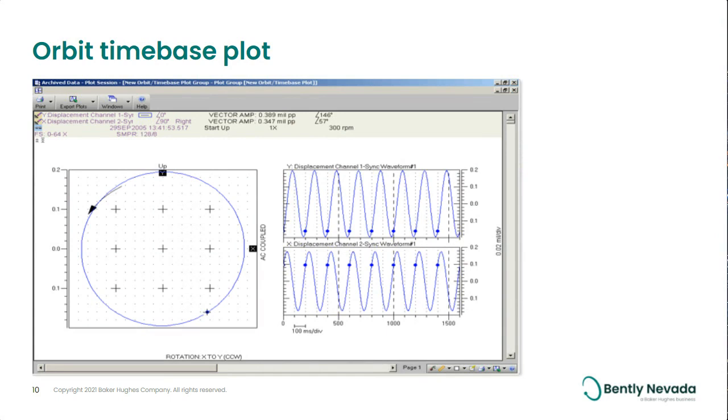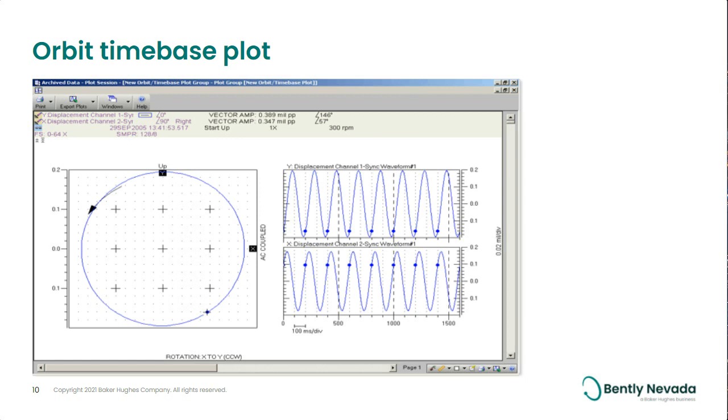I love to describe an orbit as basically if you put a pencil lead in the center of the shaft and you held a piece of paper up to it, that is what the pencil lead's going to describe, that orbit plot. And because of that, you can visualize what forces are acting on that rotor. Okay?